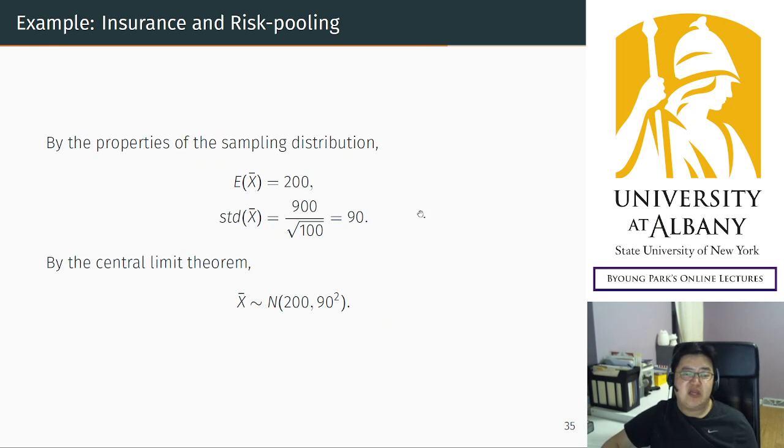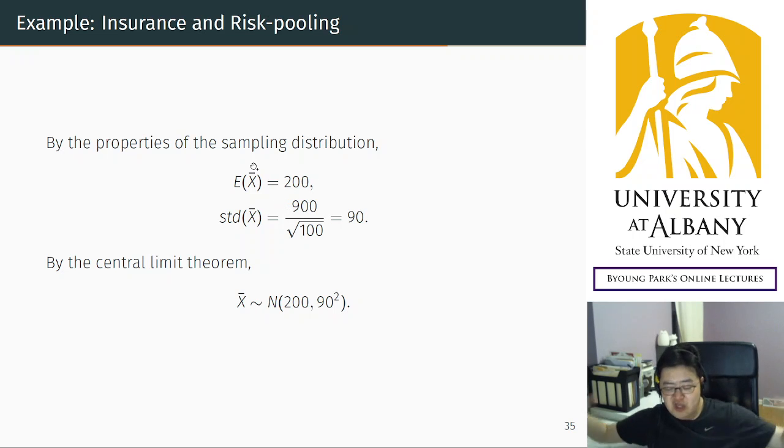And then we just calculated the mean and standard deviation of the profit from one insurance policyholder, which are 200 and 900.